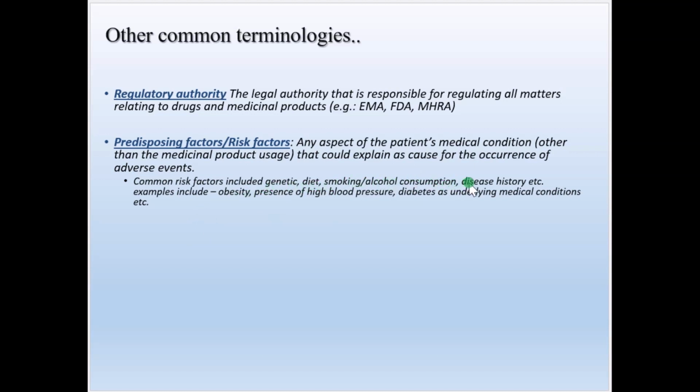Common risk factors include genetics, diet, smoking, alcohol consumption, patient's disease history, etc. Examples include obesity, presence of high blood pressure, and diabetes as underlying medical conditions, which are considered risk factors for many cardiac adverse events.